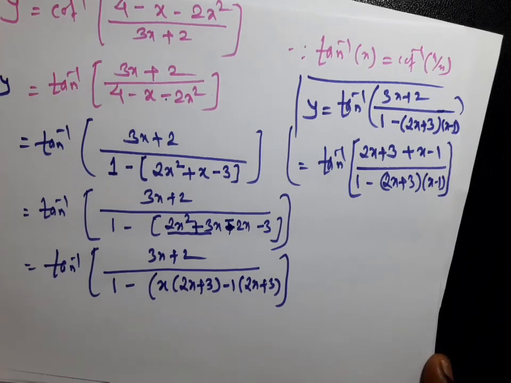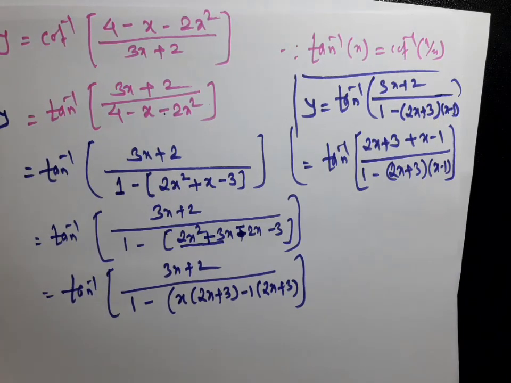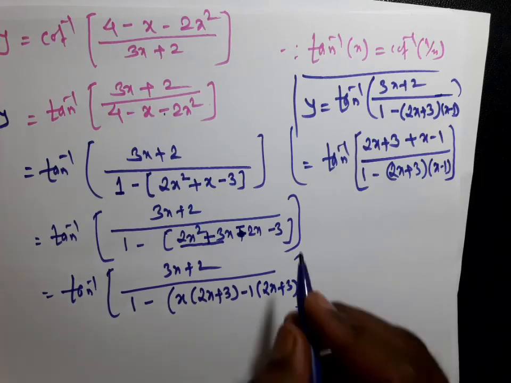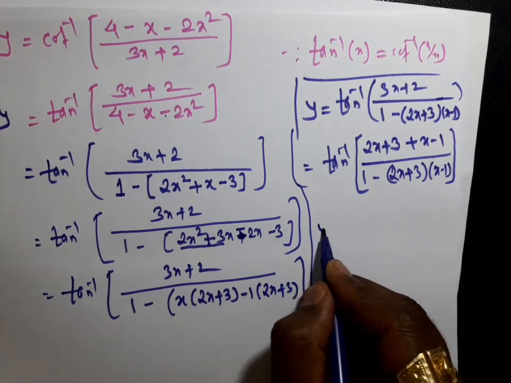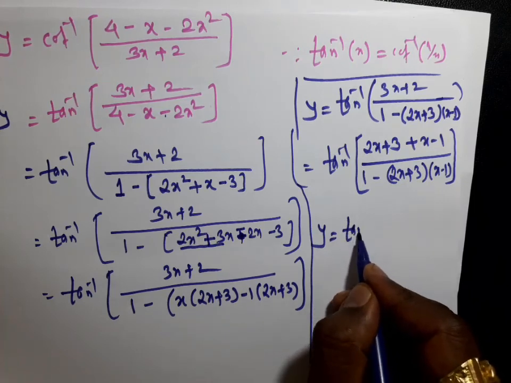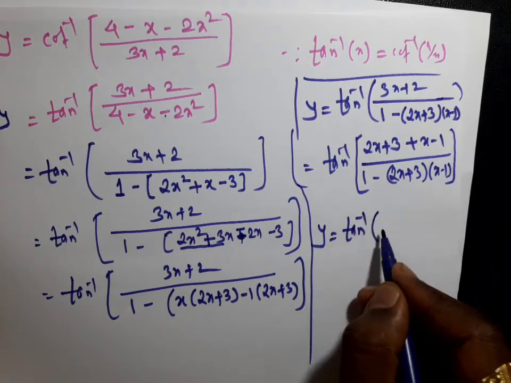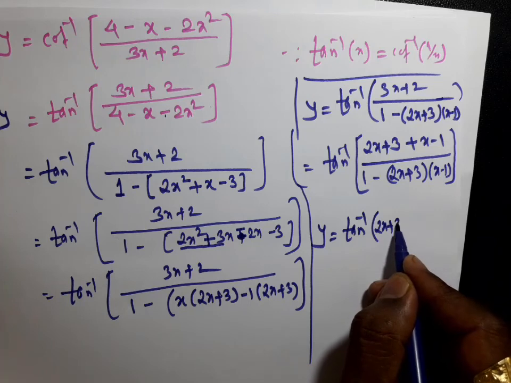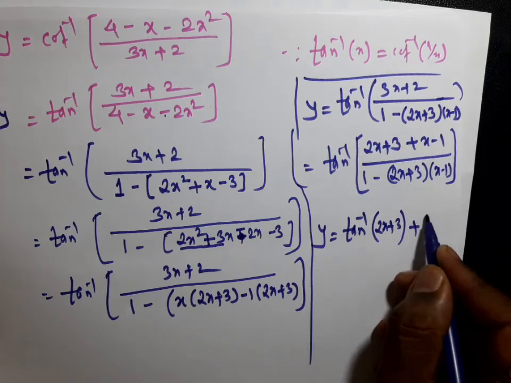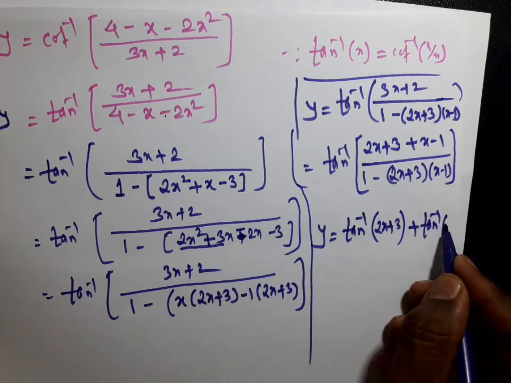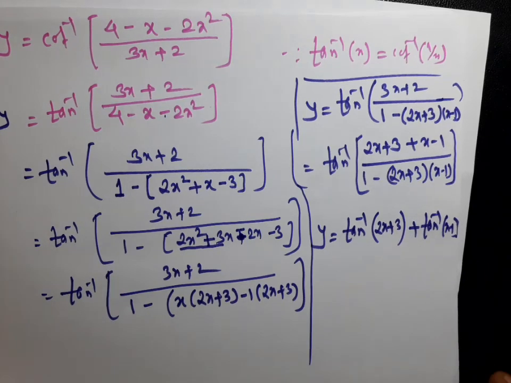See, try to understand this, because next steps are simple. Therefore y is equal to tan inverse (2x plus 3) plus tan inverse (x minus 1).